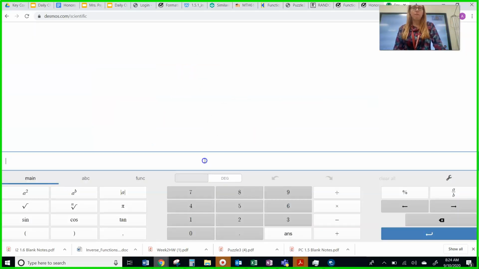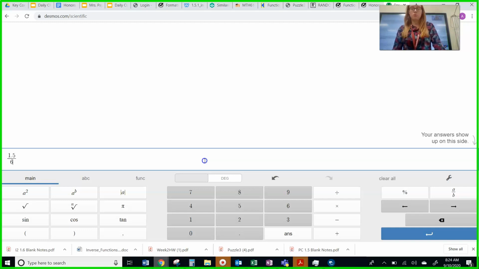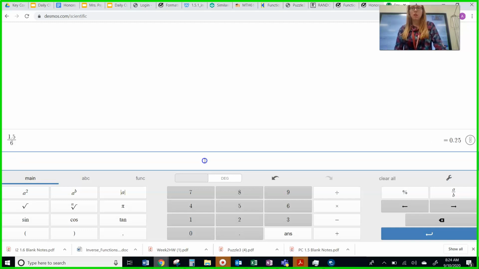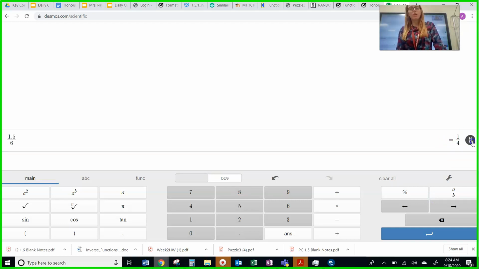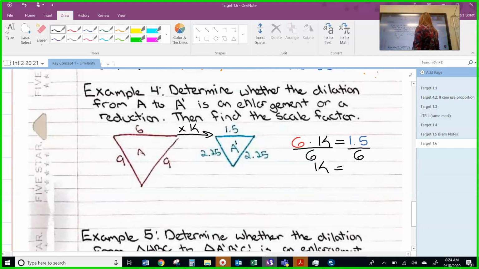So we'll do 1.5 divided by 6, and we get 0.25. Again, you can put it as a decimal or as a fraction. So k equals 0.25.